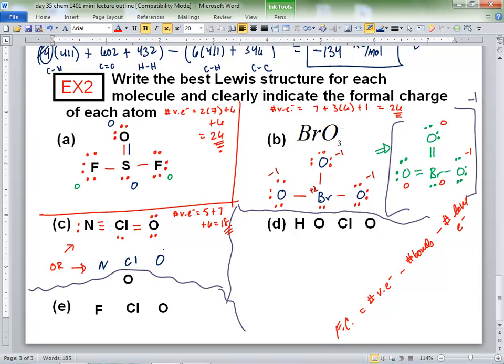You got all zeros? 2, 4, 6, 8, no. 10, 12, 14, 16, 18. 7 minus 4, it works. Does this work? 5 minus 4 minus 1, 6. Yeah, that works, doesn't it? Oh, yeah, this works. 2 lone pairs on that nitrogen. Right? Yeah, no, you had it.